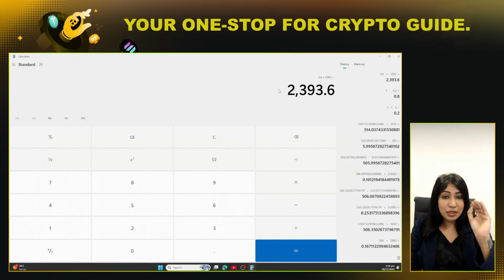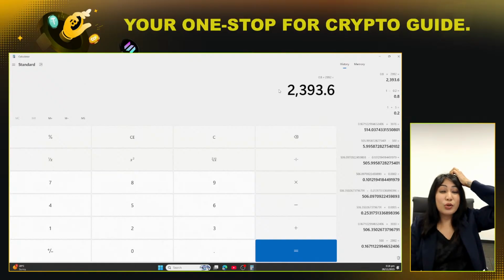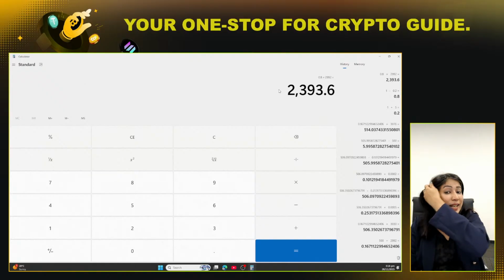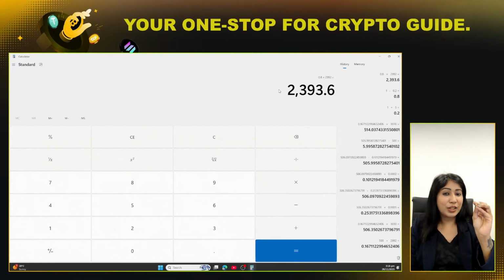If, for example, you predicted that the price is going to go up and it doesn't, and it goes in the opposite direction, your position will be held till the 2393 price level. Because you have taken 5x leverage, you will be able to hold that position up to 20%.